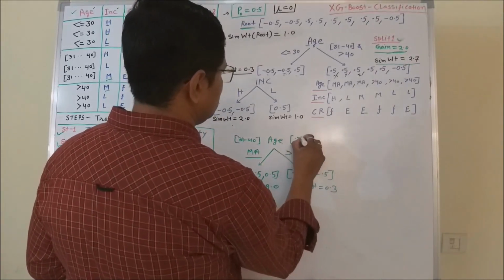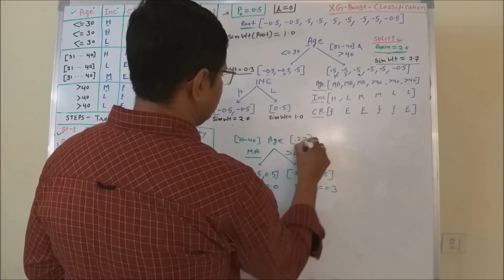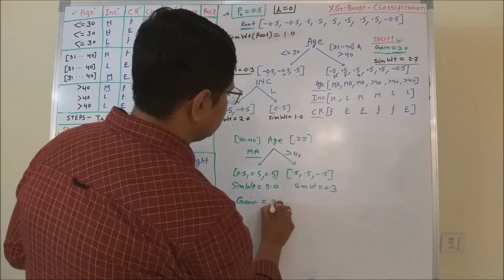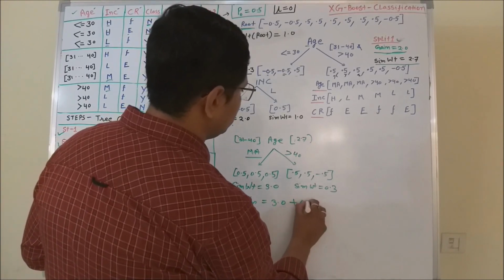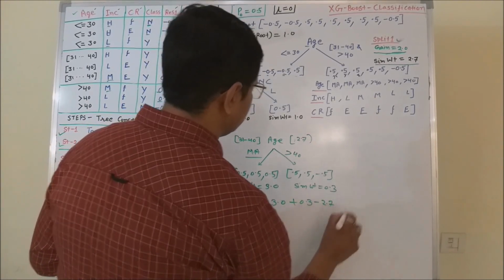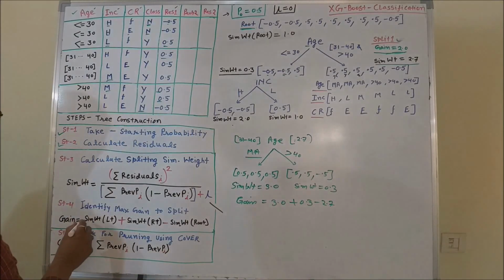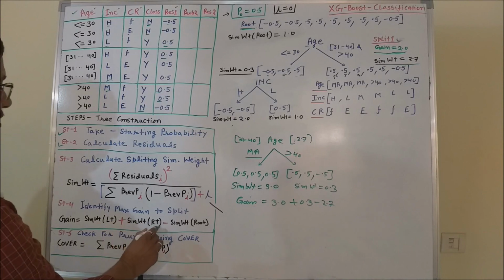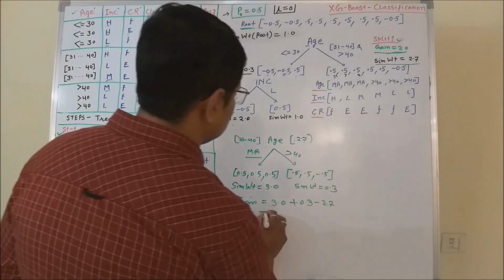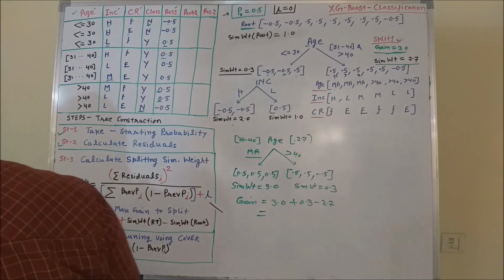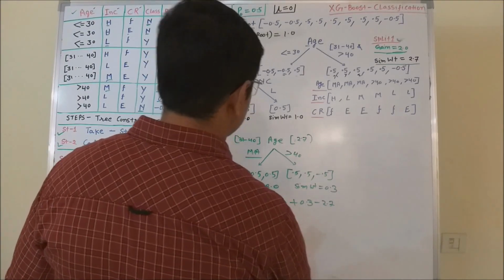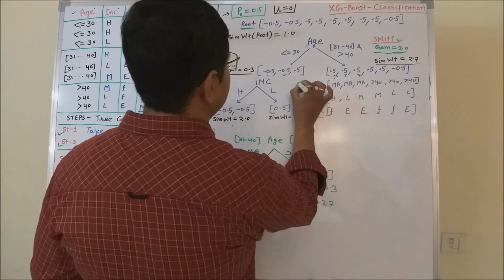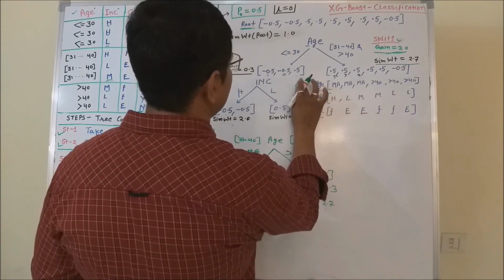So you can compute the gain as 3.0 plus 0.3 minus 2.7. So gain equals the similarity weight from the left subtree plus the similarity weight from the right subtree minus the similarity weight of the root. Once you compute it, you will get the value 0.6. So once we take this split, we will get a gain equal to 0.6.